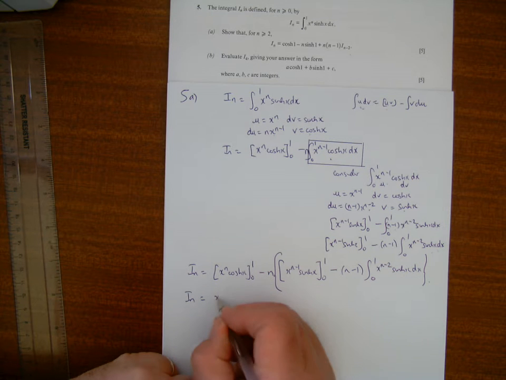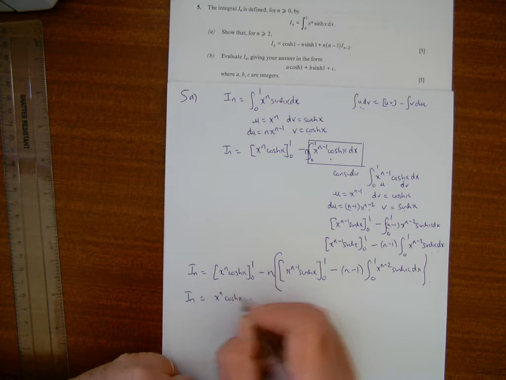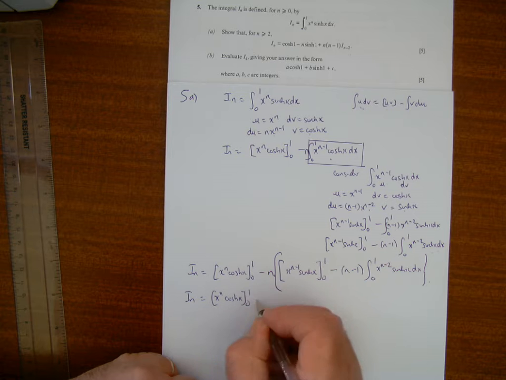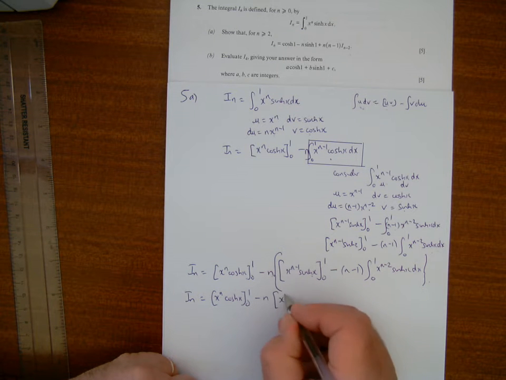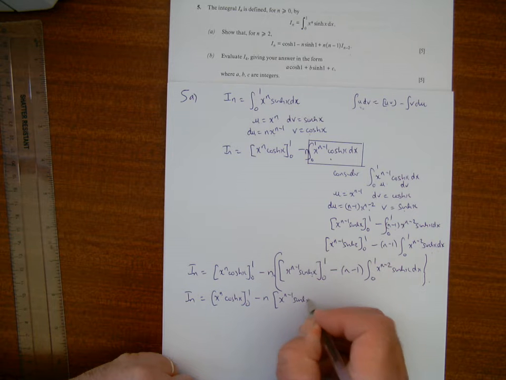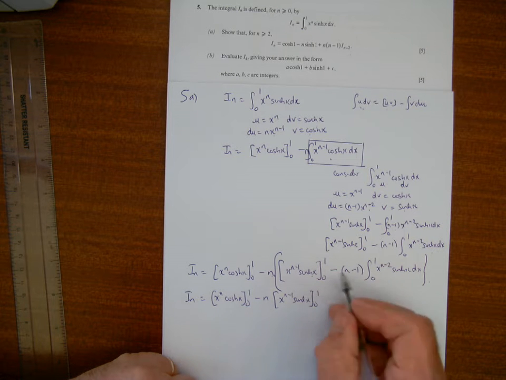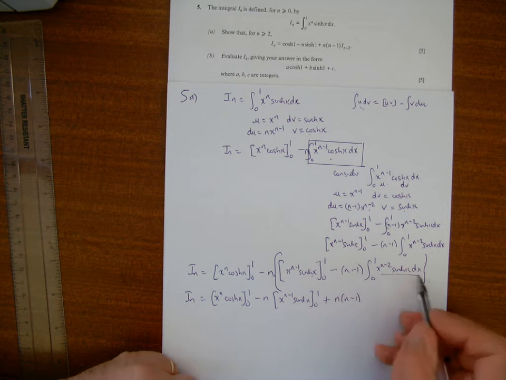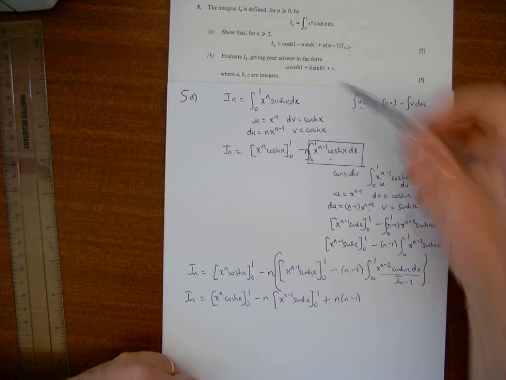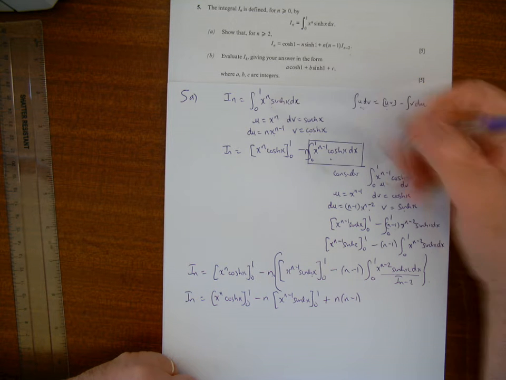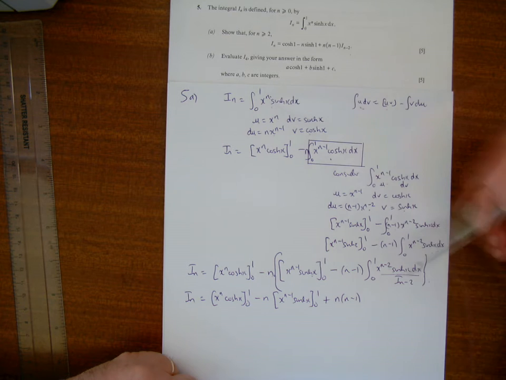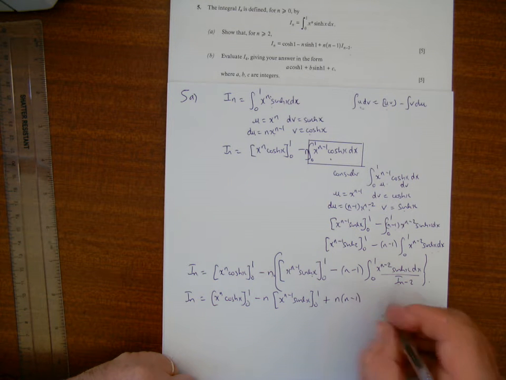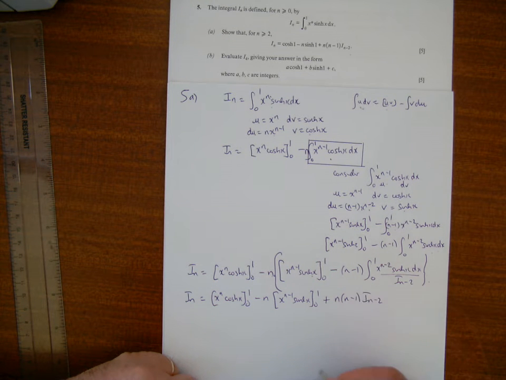Right, let's get all the terms separated out first. Multiply this one there, so this is minus n x to the n minus 1 sinh x from 0 to 1. Double minus, that's a plus, n minus 1, and this is I_n minus 2. It's the same structure as I_n, only the power now instead of n is n minus 2, so that's I_(n minus 2).